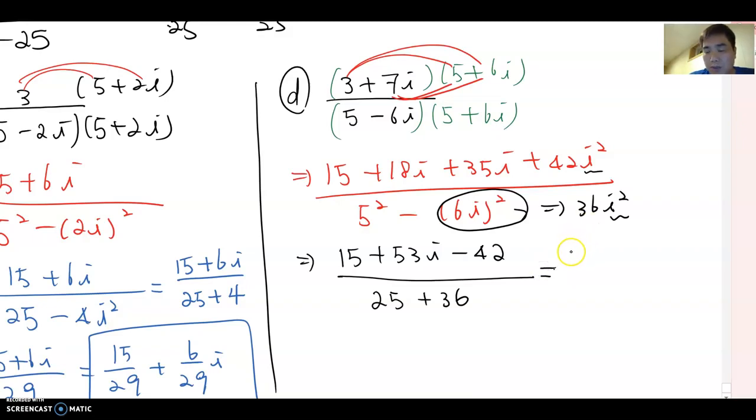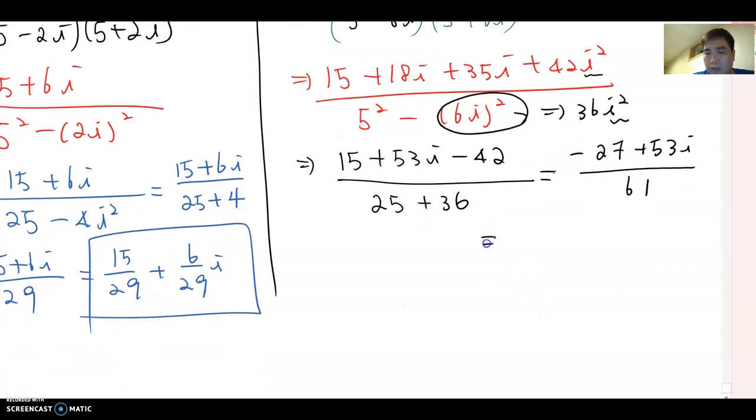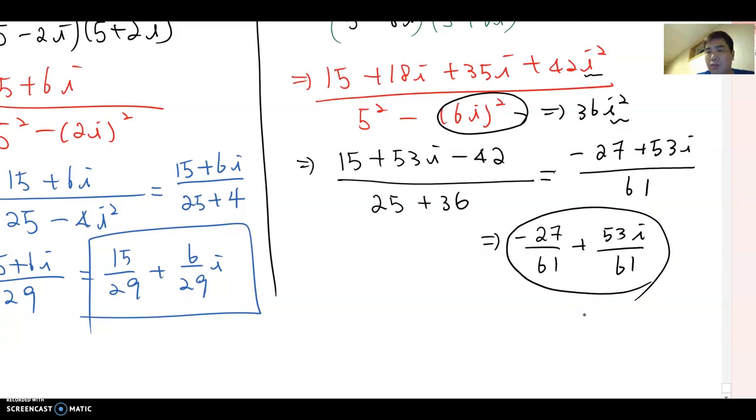Then this becomes negative 27 plus 53i over 61. If we write it in complex number form, this becomes negative 27 over 61 plus 53i over 61. That should be the answer for this division.